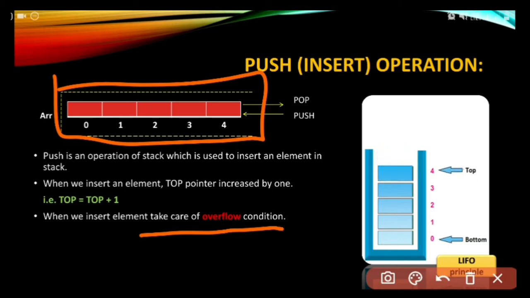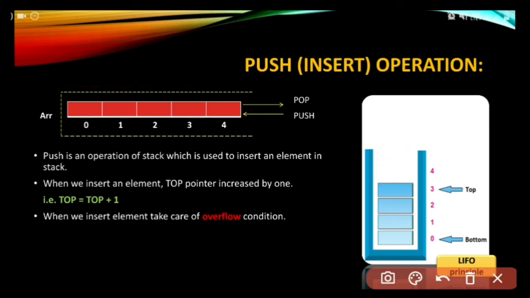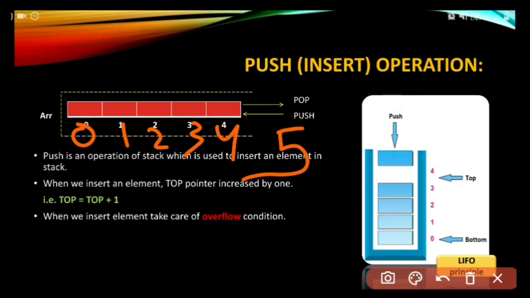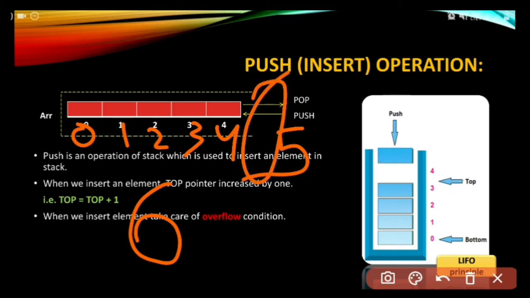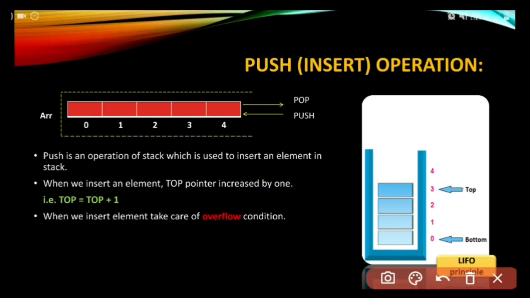For example, if I have an array of size 5, that is 0, 1, 2, 3, 4, these are the locations where we have a place for an element. But if somebody provides us 6 elements, then we don't have any position for the 6th element, which means we have to show an overflow condition.